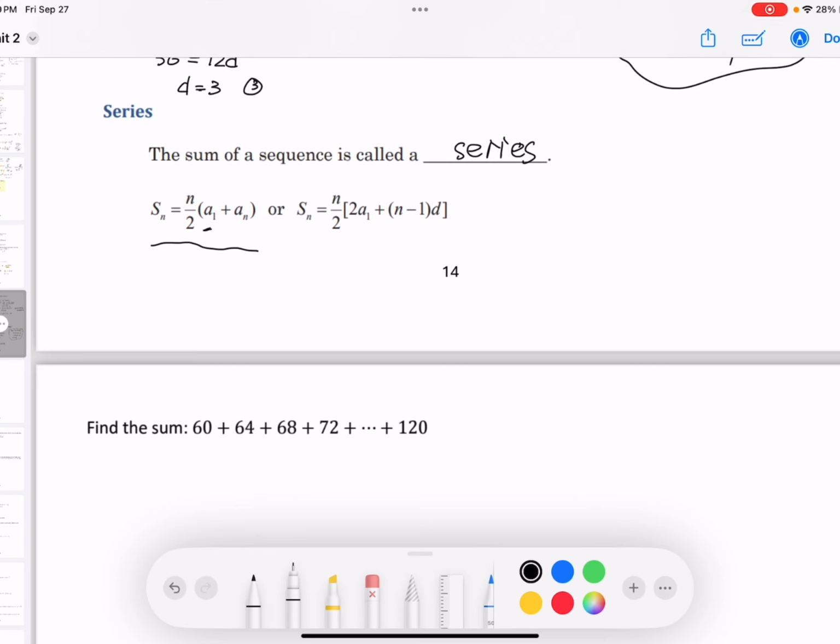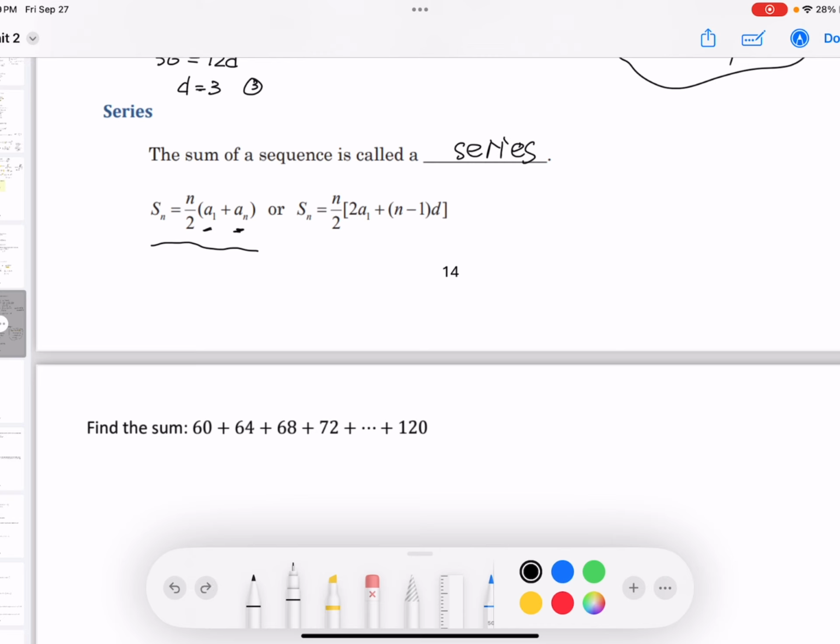First term plus last term, or the nth term, multiplied by n over 2. Or n over 2, the same part, multiplied by 2 times a sub 1 plus n minus 1 times d.